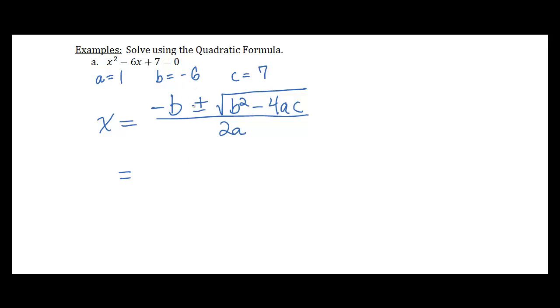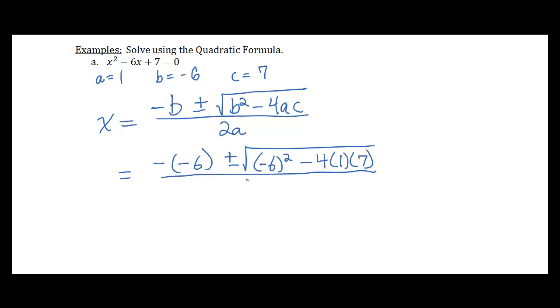Now I'm going to put my values in. This is negative b, and my b is negative 6, so that'll be a negative negative 6, plus or minus the square root of negative 6 squared minus 4 times a, which is 1, times c, which is 7, all over 2 times a, which is 1.